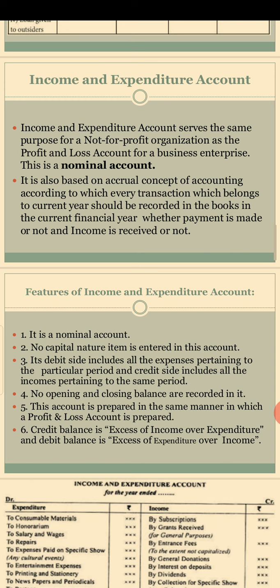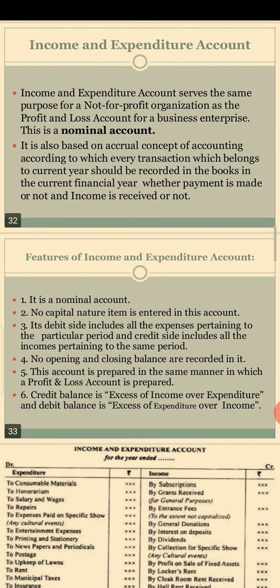Similarly, all incomes and gains come under the credit side or right hand side of the income and expenditure account. That's why it is called a nominal account, because the rule of a nominal account is debit all expenses and losses and credit all incomes and gains.